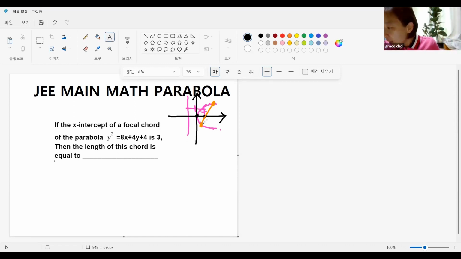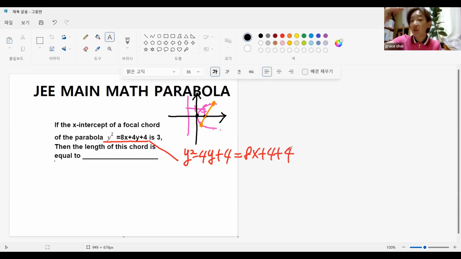Okay. Simplify the given parabola equation first. Make a perfect square. So y squared minus 4y plus 4 on the left, and then 8x plus 4 also goes to the right for the balance, so 4 and then 4.